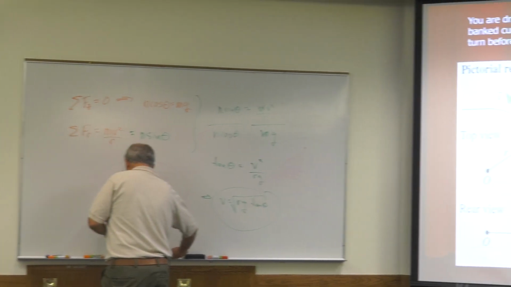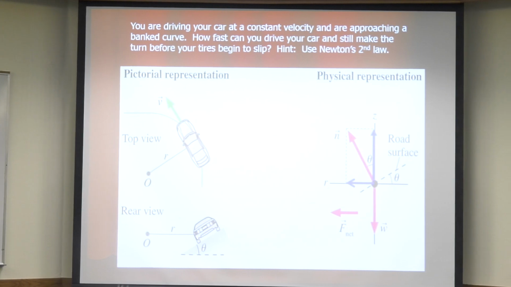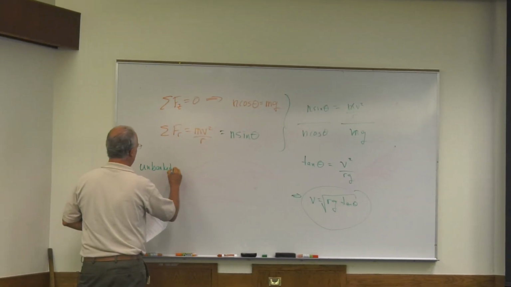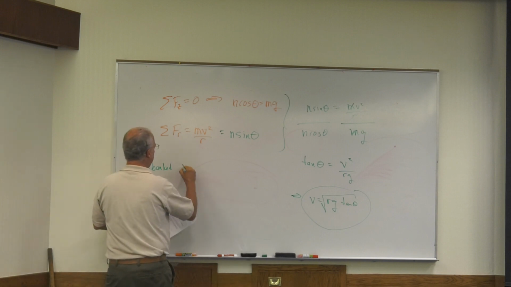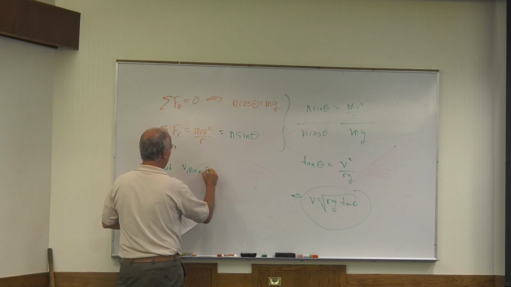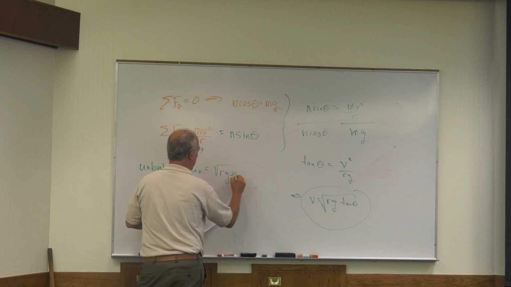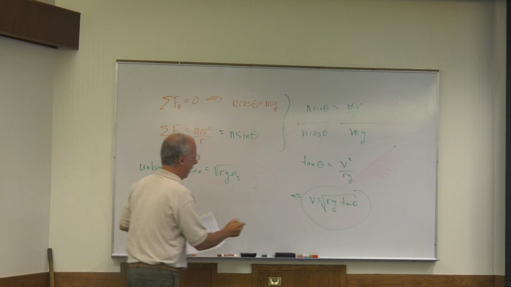Let's just compare. For unbanked, we had v max equal to the square root of r g mu sub s.